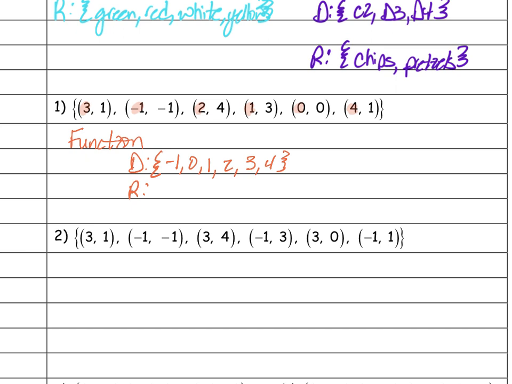So then my range, again in order from least to greatest: -1. 0. I've got two 1s, but I only need to write it once. Then 3 and 4. Okay. Questions? Are we okay so far?